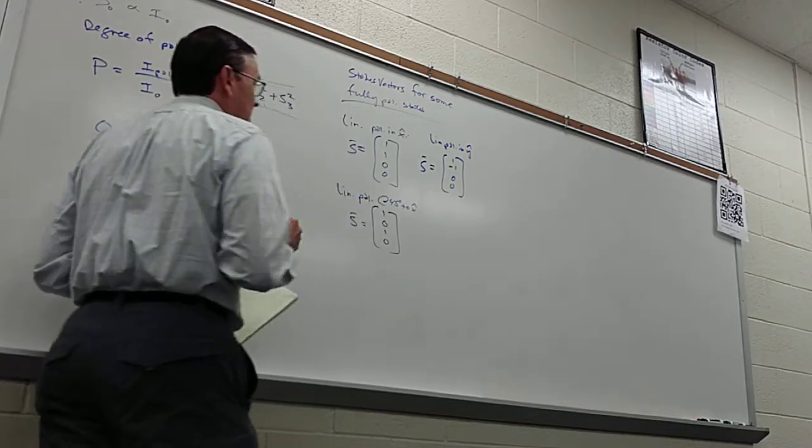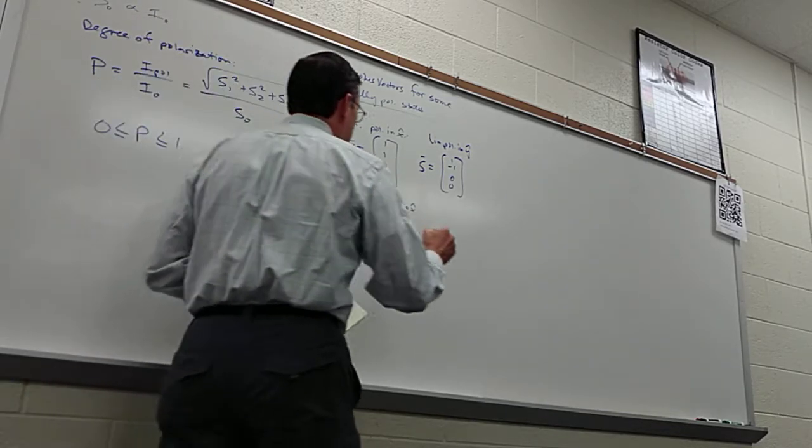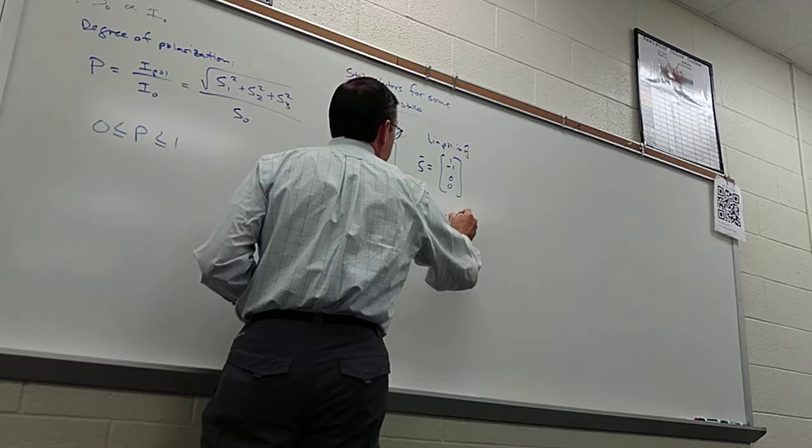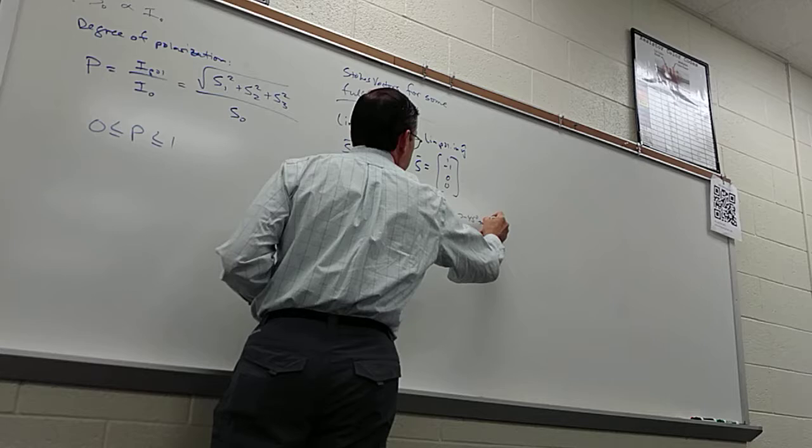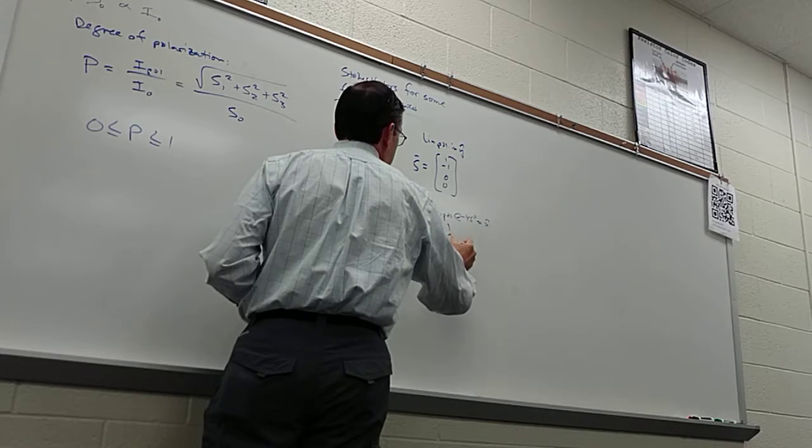And if we have linear polarization at minus 45 degrees to x hat, then that's 1, 0, minus 1, 0.